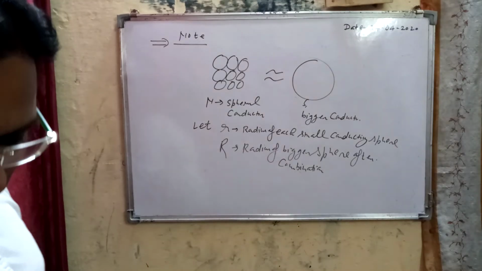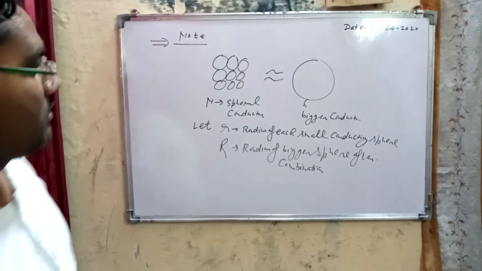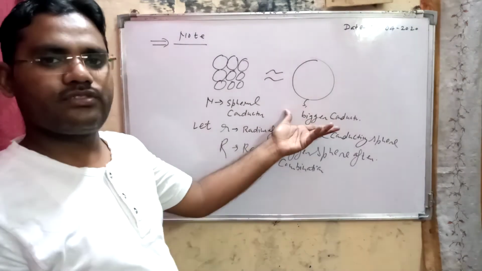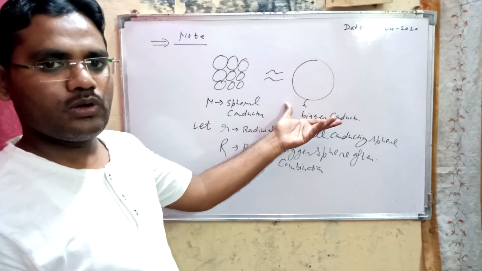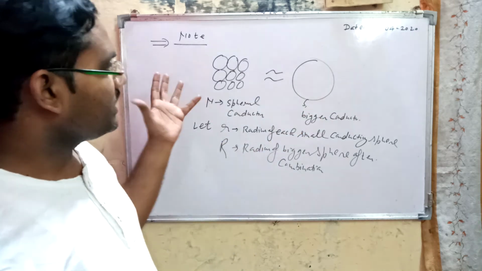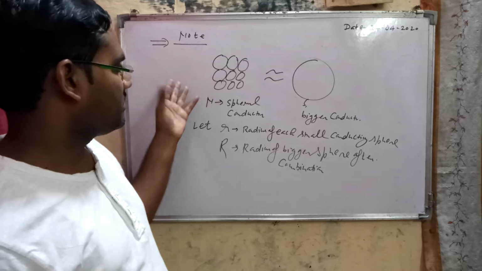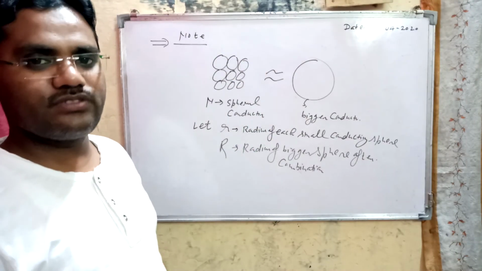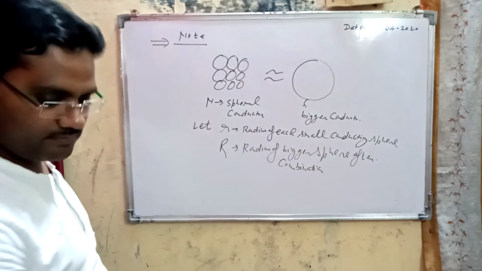Now here we have to find the capacitance of the bigger sphere, the potential of the bigger sphere, and the ratio of the capacitance of the smaller sphere to the bigger sphere, or bigger sphere to smaller sphere.